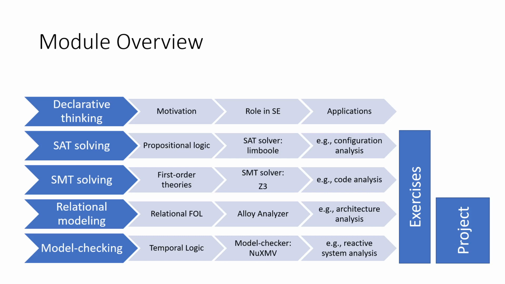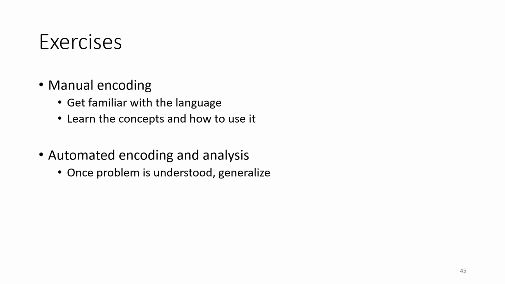But then we switched over to the tool Z3 that hides all these tricky bits from us. And then we looked at things like code analysis. And we have these exercise blocks here, and they are always two exercises. One where we do a manual encoding to get familiar with the concepts, and then an automated encoding, because once we have understood how to formulate the problem, we want to generalize it.